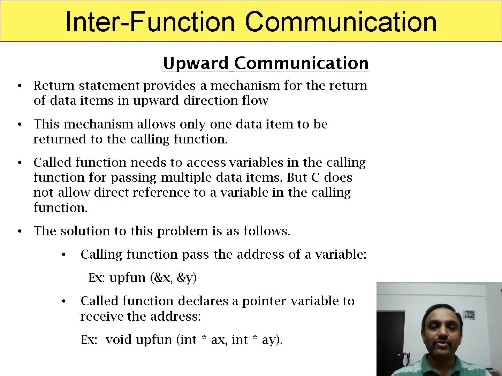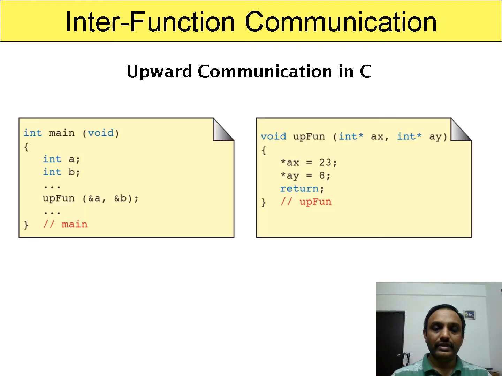Next one is upward communication. In the case of upward communication, we can either use a return type or use addresses to send data back to the calling function. Here in upward communication, I am sending the address of a and the address of b.